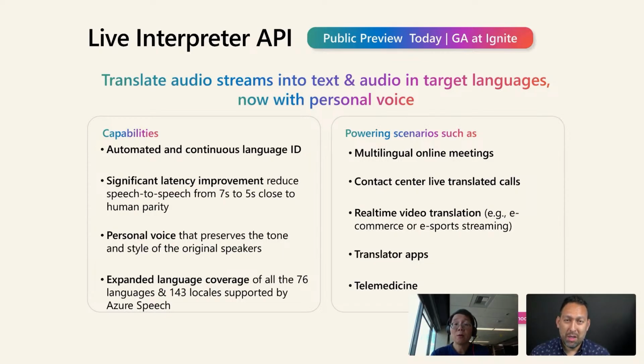Another thing is that we have cut speech-to-speech translation from 7 seconds to 5 seconds. I will tell you how we do that later. Because it becomes much shorter and closer to human parity, it improves the user experience much more. Another amazing thing is we introduce personal voice, which really simulates your tone and your voice, so you can start the translation just as if you were using your own voice speaking another language.